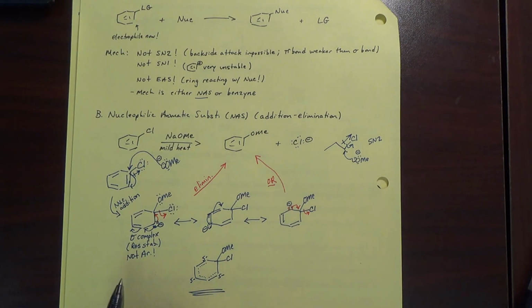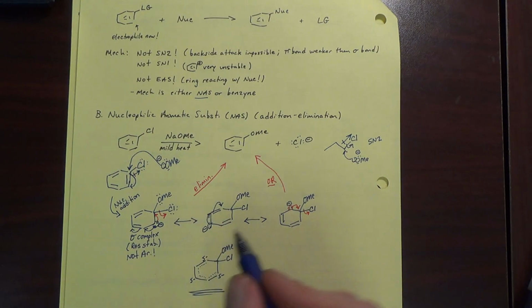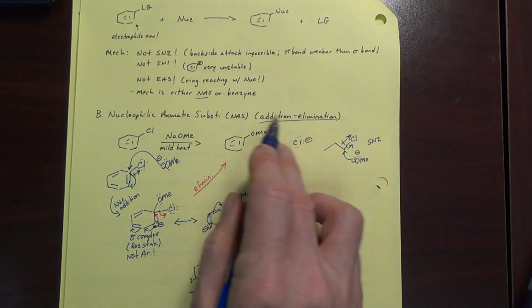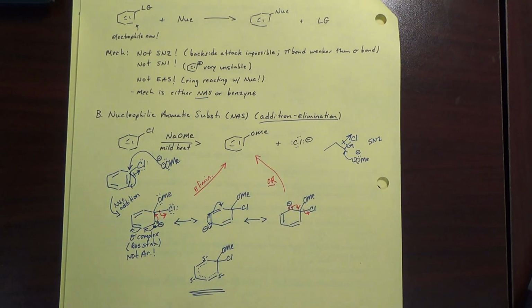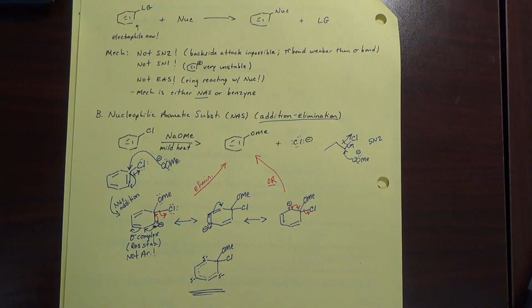Now overall the mechanism was two steps, an addition followed by an elimination. And NAS is sometimes just referred to by those two steps, an addition-elimination mechanism. We also did something like this in one of our very first lectures when we were working with thionyl chloride and tosyl chloride, if you want to look back at that.